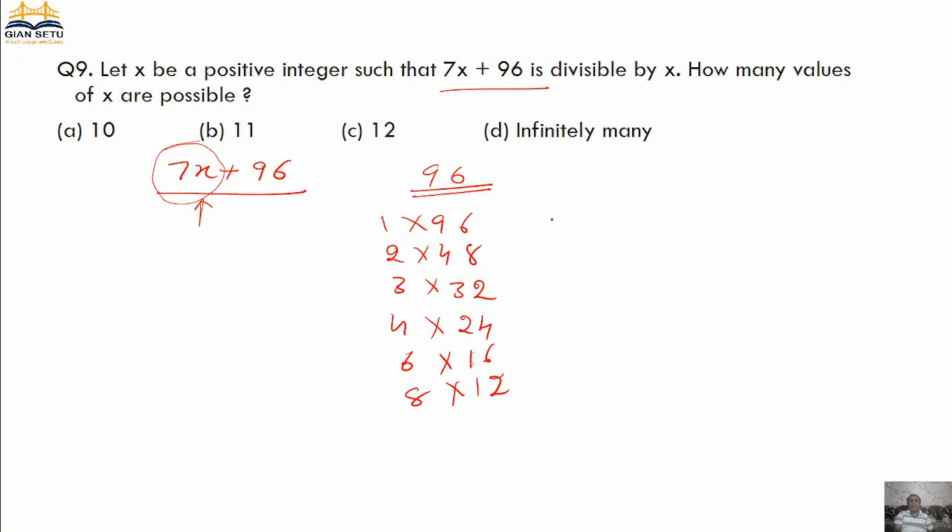So how many factors are there, or we can say how many numbers are there by which this number will be divisible? These are 1, 2, 3, 4, 5, 6, 7, 8, 9, 10, 11, 12. Right? So there are 12 such numbers or values of x by which this number will be completely divisible. Right? So answer is C here.